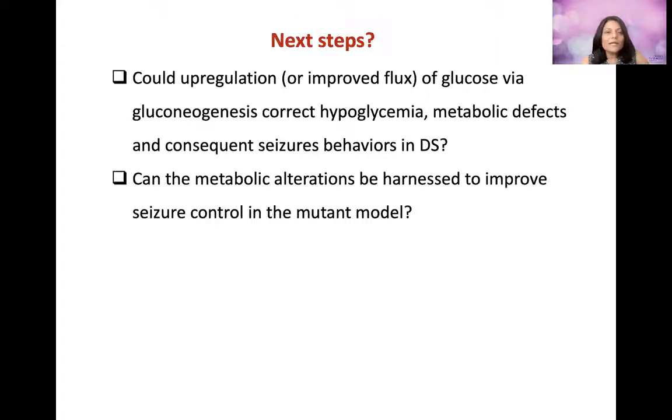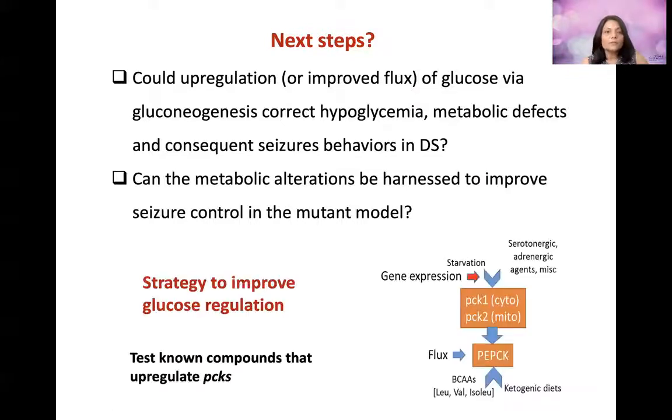In the next steps, we asked whether we could upregulate or improve this glucose via gluconeogenesis, which is the two enzymes, and correct all the metabolic defects and perhaps the consequent seizure behaviors. And so the question overall was whether metabolic alterations could be harnessed to improve seizure control in this mutant model.